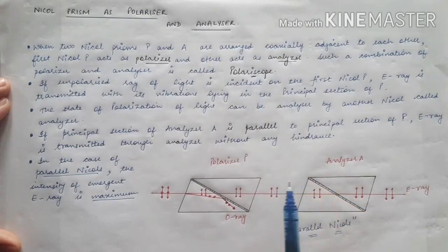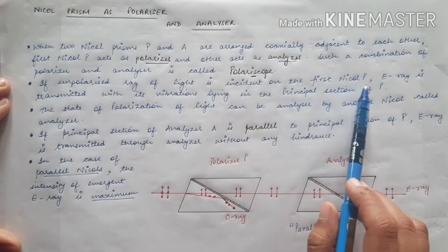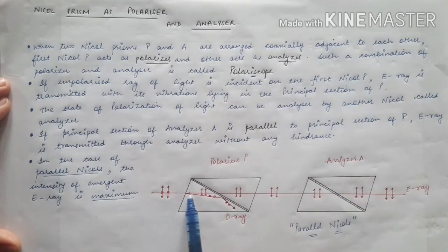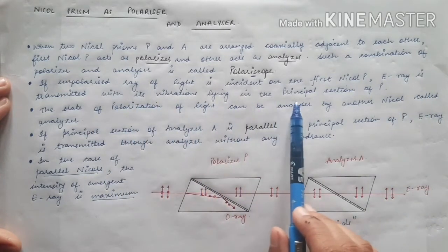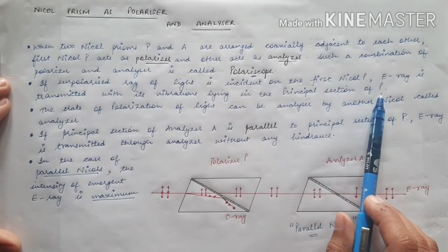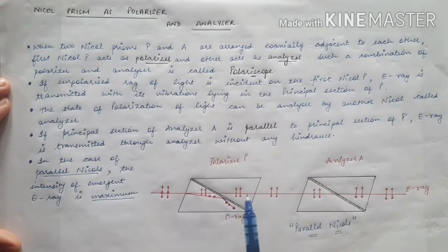Now if unpolarized light is incident on the first Nicol P, the E ray is transmitted with its vibrations lying in the principal section of the P Nicol prism. So the E ray will be transmitted through this Nicol prism, with its vibrations in the plane of the principal section of the first Nicol prism.